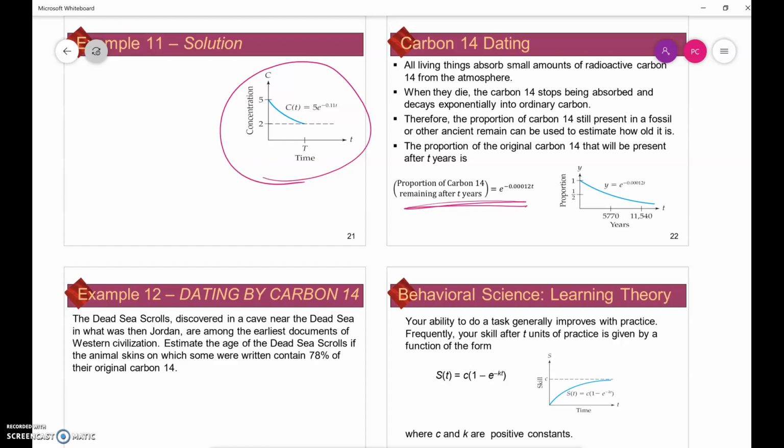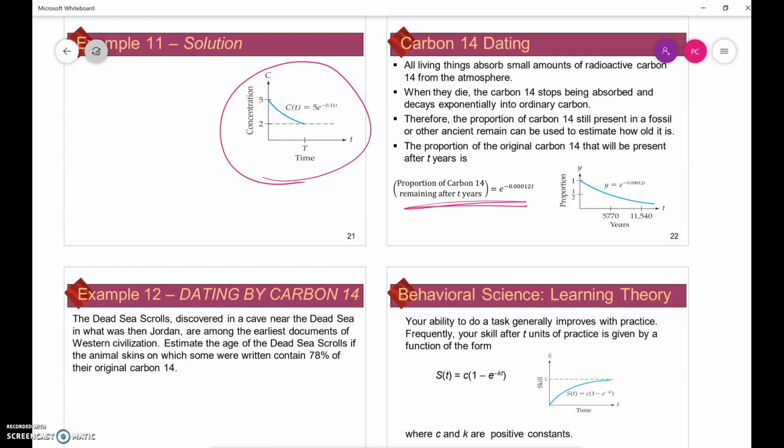The proportion of carbon-14 remaining after T years is equal to e to the negative 0.00012 T. If we know what the proportion is, we can figure out how long it's been there, or figure out the proportion if we know how long it's been.